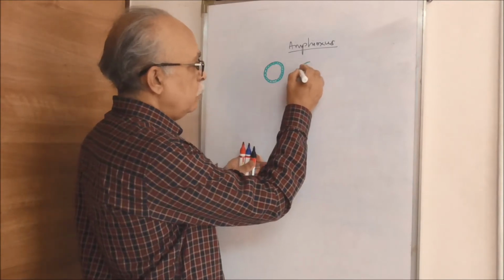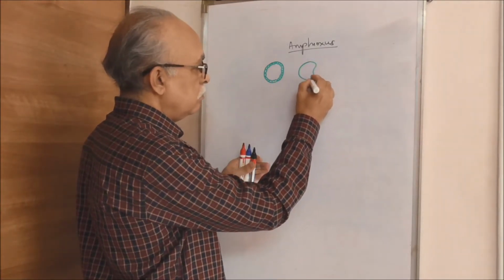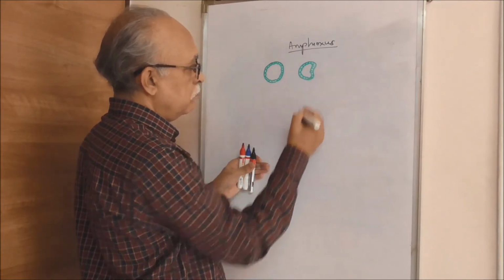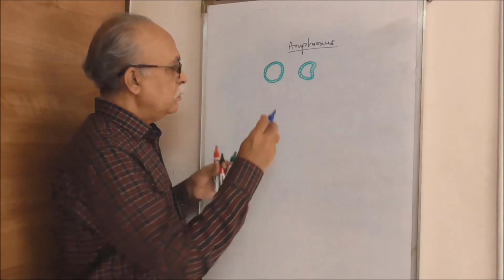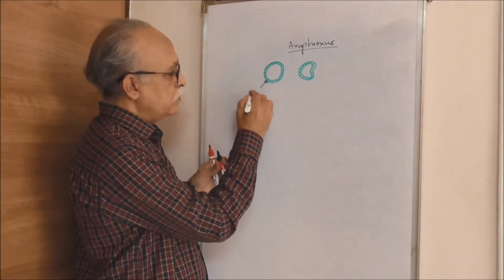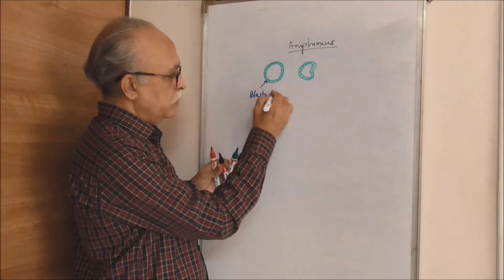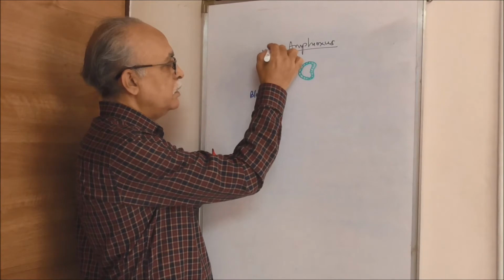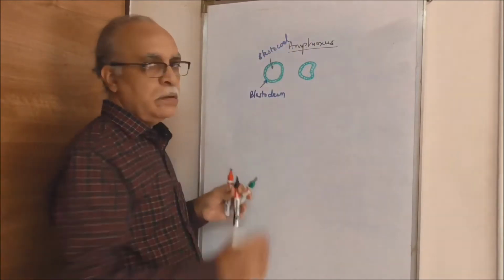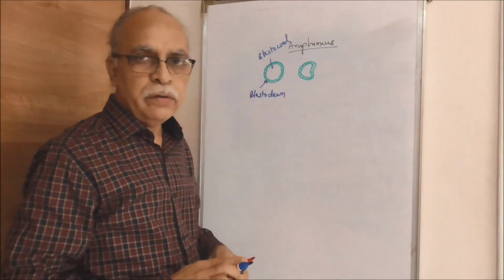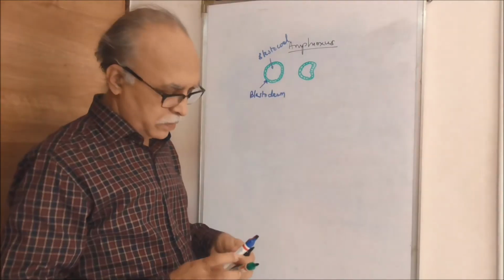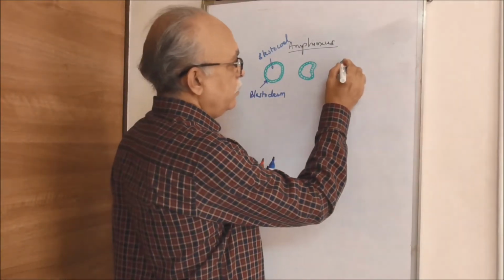So the next stage would be seen as this. Now remember here this layer is the blastoderm, the cavity is the blastocele. The same thing is continued here. The invagination goes on.